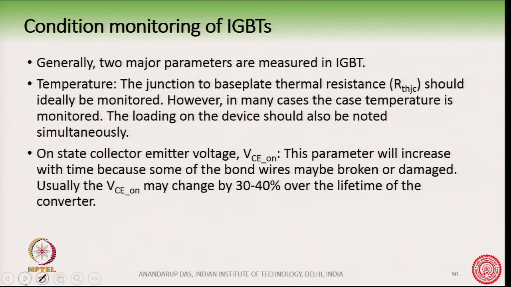And why is this so? Because over time the bond wires inside the IGBTs start to lift off and will cause additional heat dissipation over the existing bond wires which are present. And so, the temperature of the chip or the temperature close to the chip will increase.